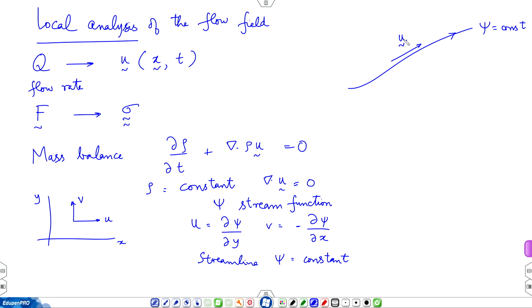So, the flow normal to a streamline is 0. So, if you have a solid object and there is no flow normal to that, it could be a flat plate. So, a flat plate is a streamline. Okay. If you have a circular cylinder, there is no flow normal to the surface of the cylinder. So, the surface of the cylinder is also a streamline on which psi is constant.